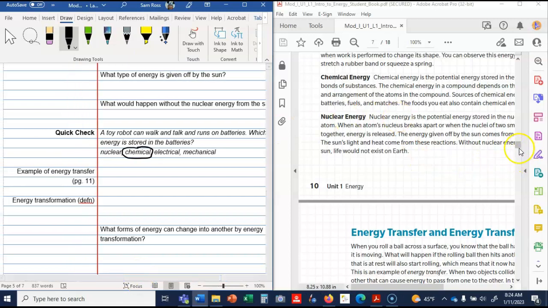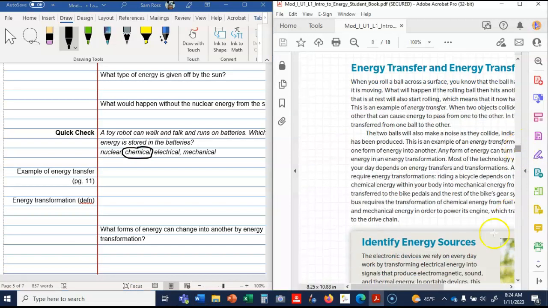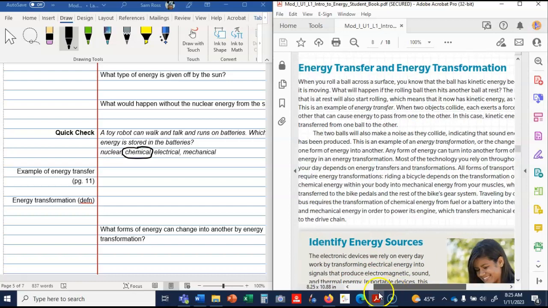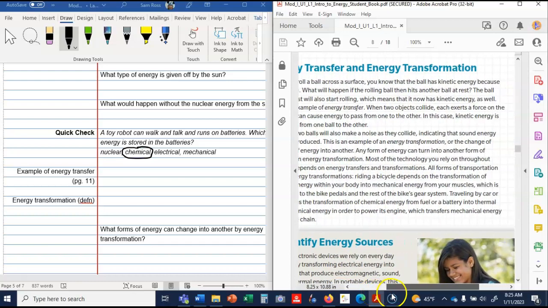All right, let's go to page 11 and talk about energy transfer and energy transformation. Okay, so an example of energy transfer. It says when you roll a ball across the surface, you know that the ball has kinetic energy because it's moving. What will happen if the rolling ball then hits another ball at rest?